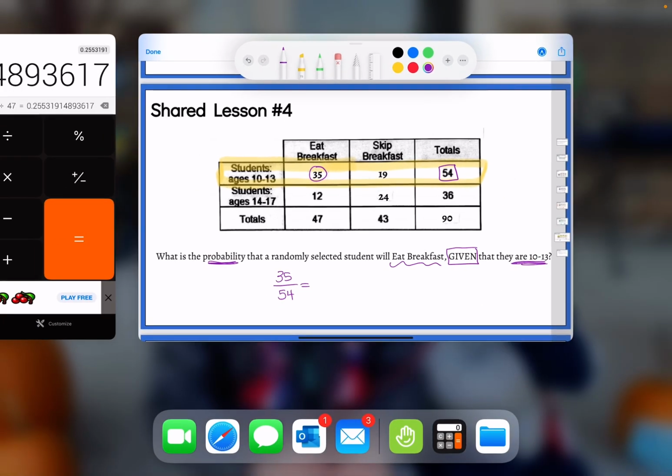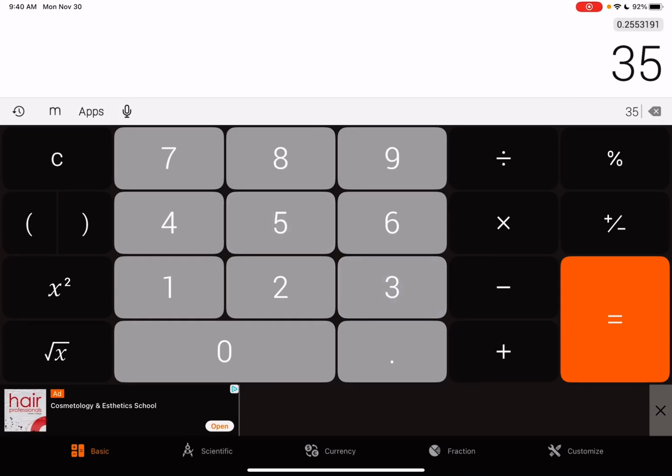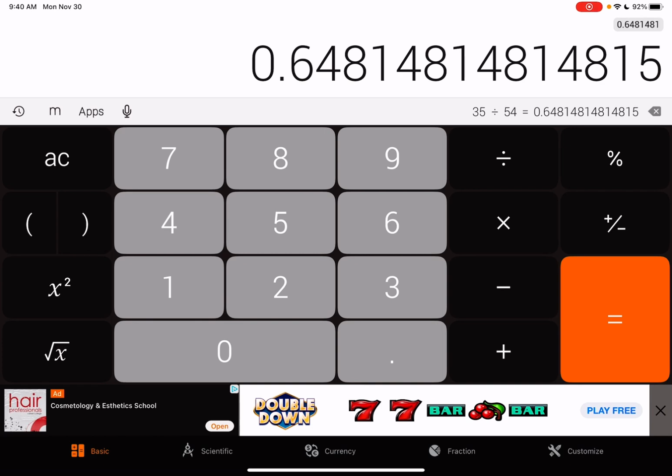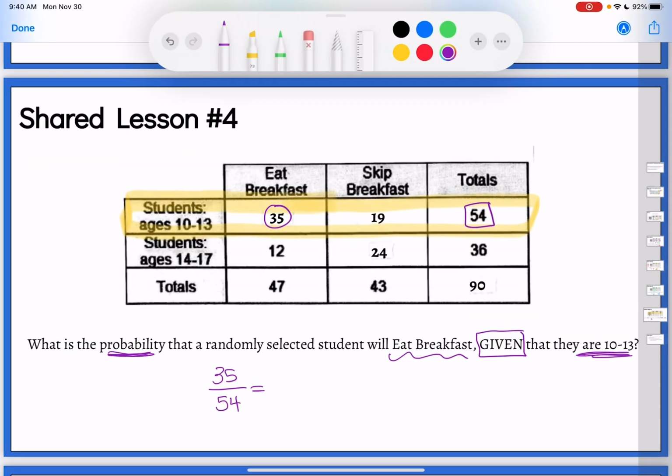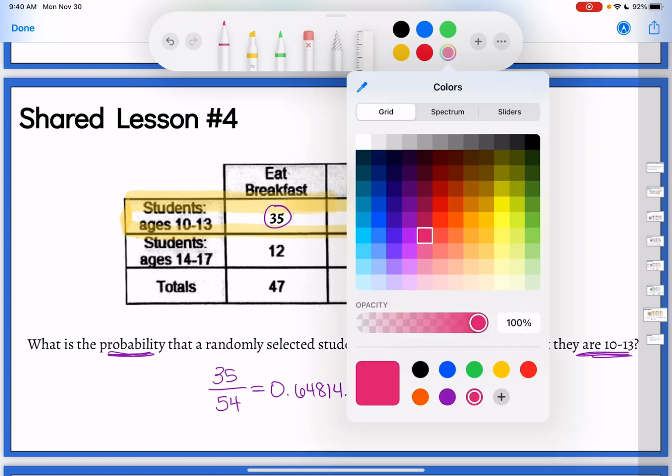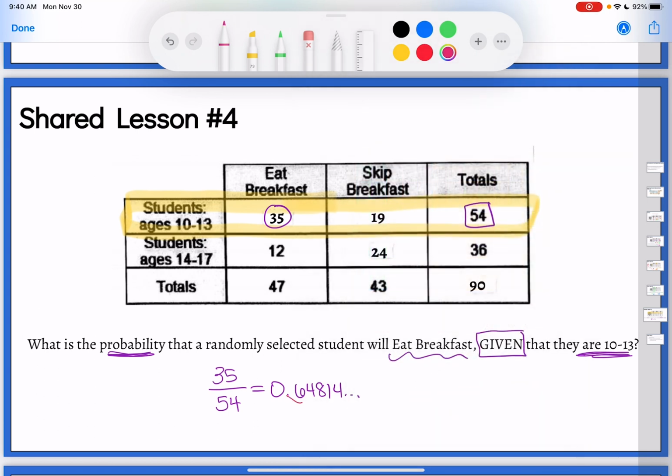And then I'm going to type that into my calculator, 35 divided by 54, and I get 0.648148... right? And then we're going to make sure we round it to the nearest whole percent. So I move my decimal 2 places.